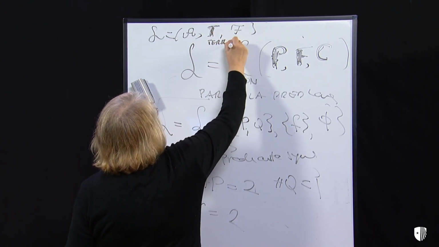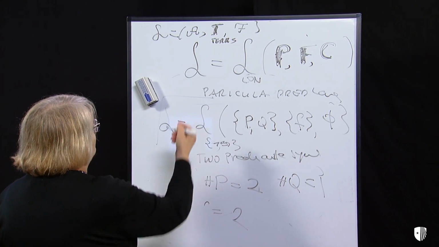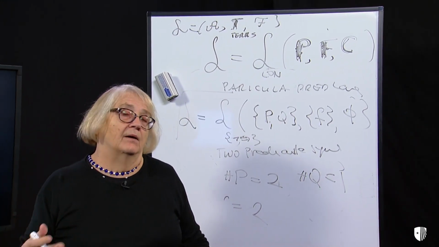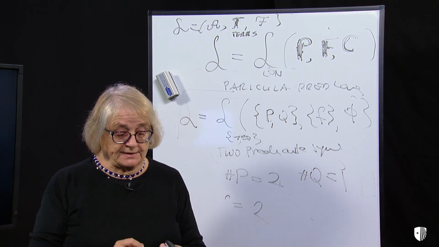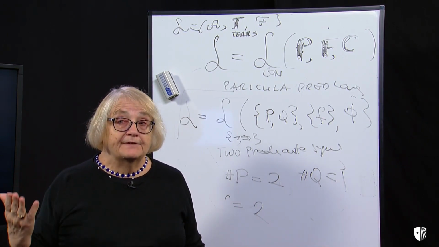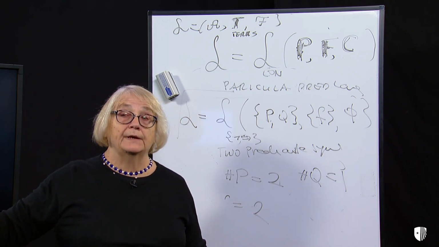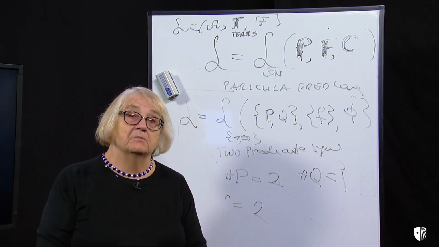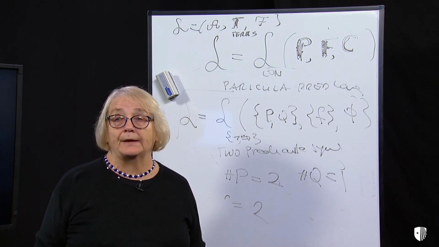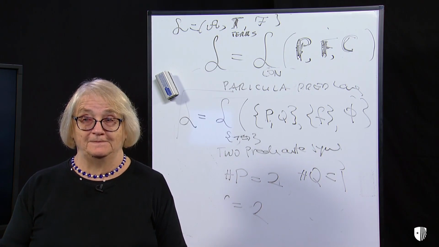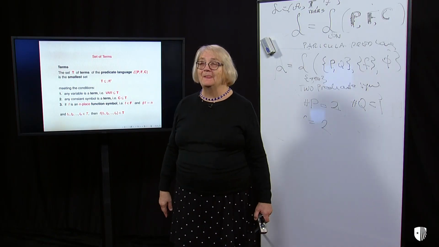I repeat because this is a new word, and now we have to define what the set of terms is, and of course, what the set of formulas is. We extend the definition of the set of propositional formulas into predicate formulas in an absolutely traditional way. So now terms, and this is an important definition.